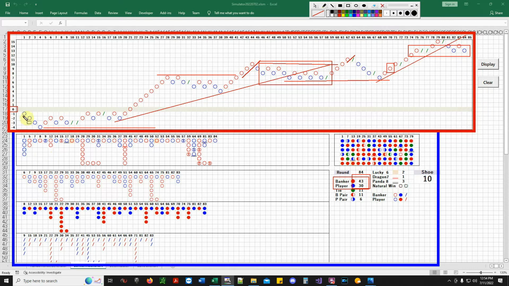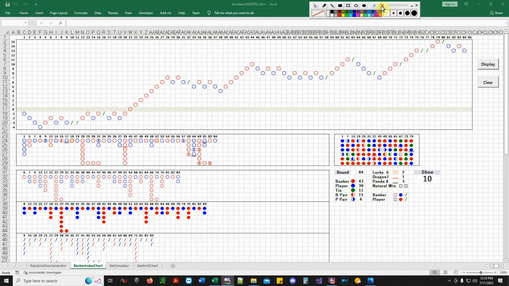If it's dancing between 0 and -3, I favor player. If it's dancing between 0 and +3, I favor banker. When it goes above +3, you're definitely in a banker shoe, without a doubt. When it goes below -3, you're in a player shoe, without a doubt.